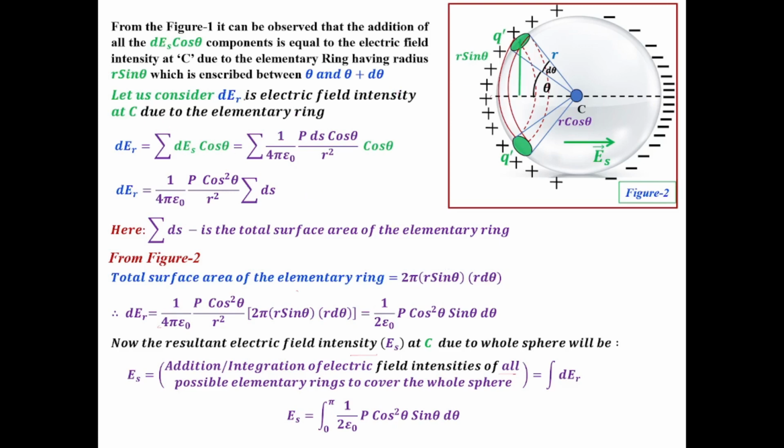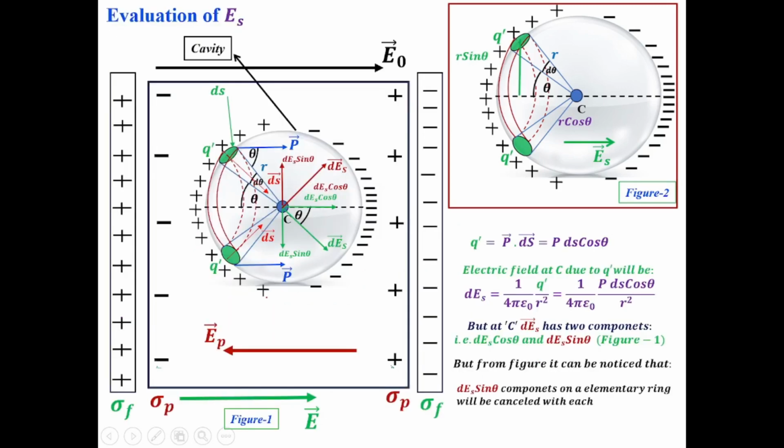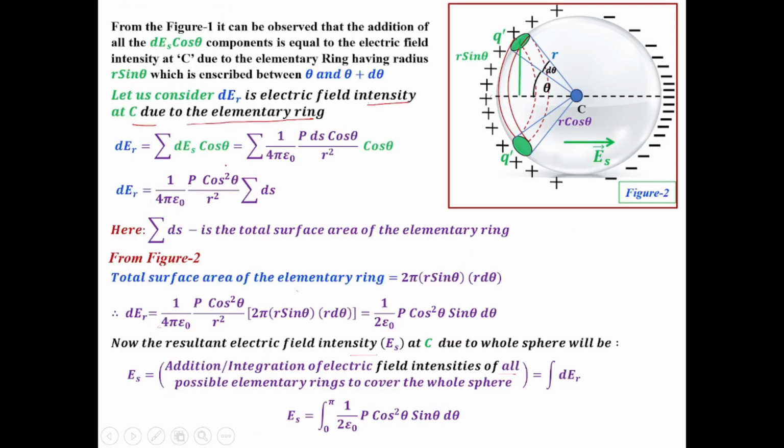Let us consider dr is the electric field intensity at C due to the elementary ring. Right, in our previous slide, ds is the electric field intensity due to this small area. Now we are going to consider dr, r for the ring. dr is the electric field intensity at C due to the elementary ring.